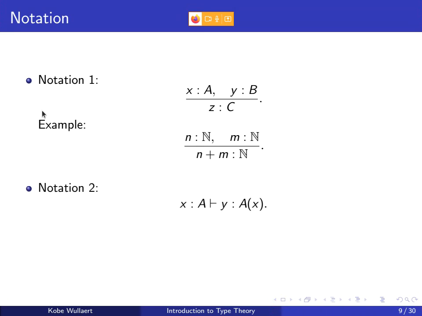And then, something very specific to dependent type theory: this notation means that if you have a type A together with a term x, you can have a dependent type, in the sense that we associate a type to this x.